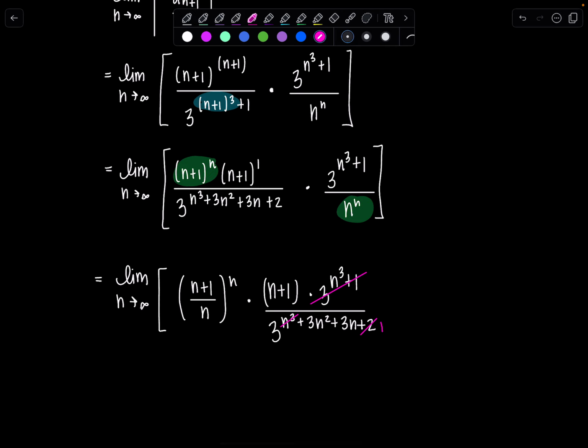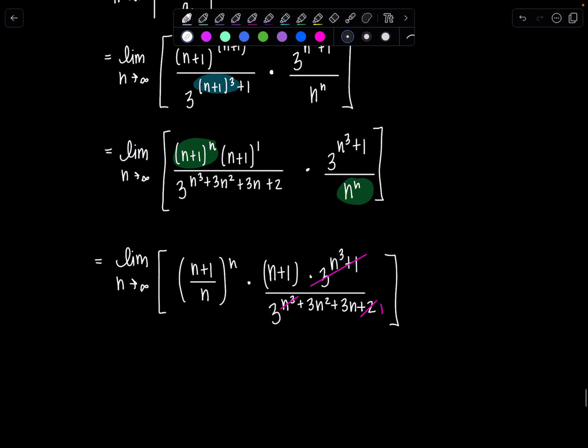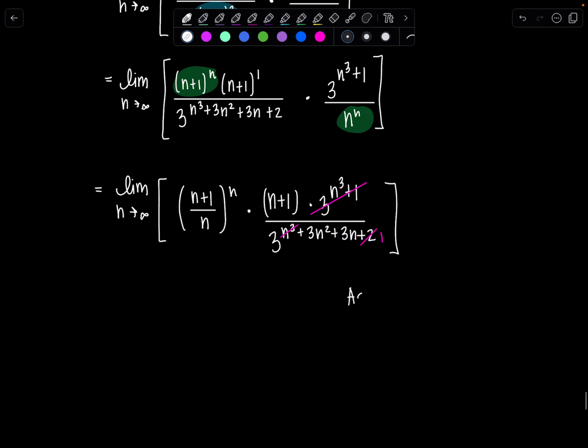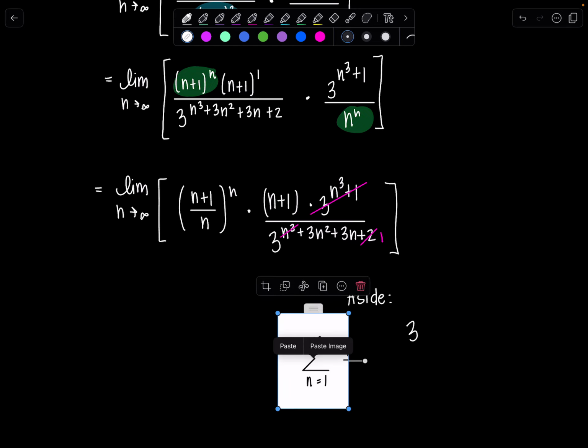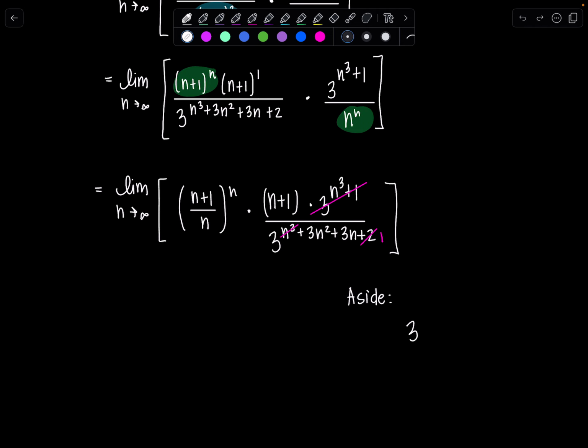If that was a little aggressive for you, let me explain what's going on. So as a little aside, if you need to review your law of exponents, if you have 3 to the n cubed plus 1, that's the same as 3 to the n cubed times 3 to the first.